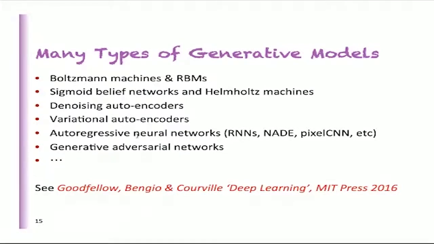Another family of generative models that I won't have much time to talk about, but is really very important, is the family of autoregressive neural networks. And if you've heard about recurrent neural networks, they actually are also generative models, which, like all of the models in this family, generate the image or whatever you want to generate one item at a time.